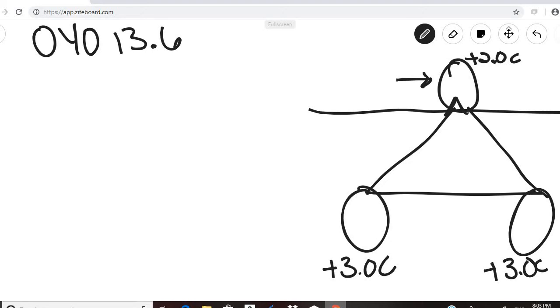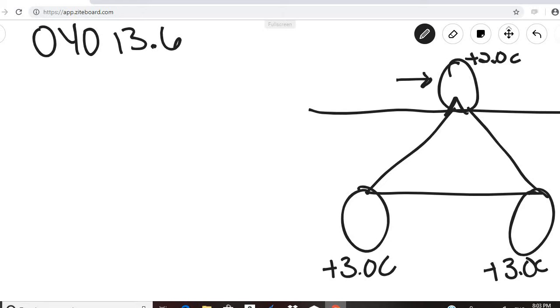we know that the angles in an equilateral triangle add up to 180, so this first angle is going to be 60 degrees.